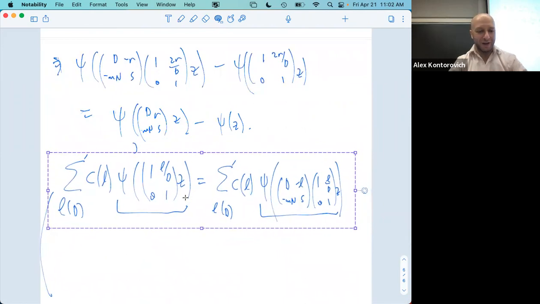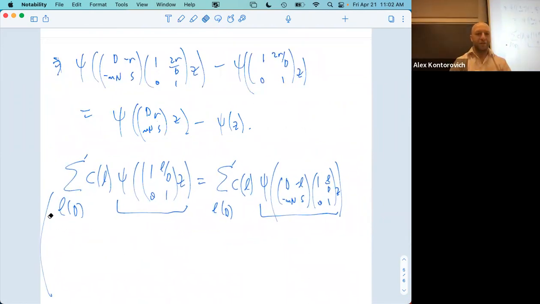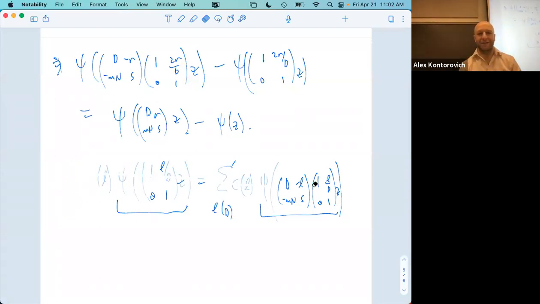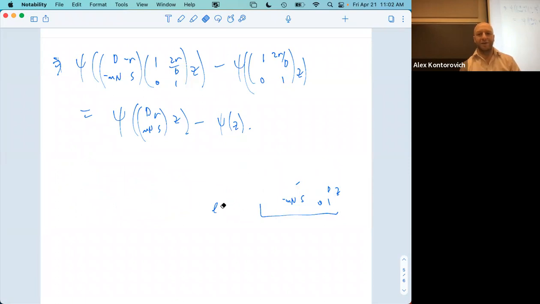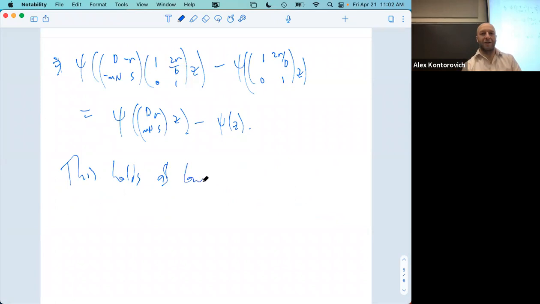So let me grab this formula. This formula holds as long as, or the formula above, I guess I could do it right here. What I want to say is this formula holds, okay, I can do it like this. This identity holds as long as D and N are co-prime.